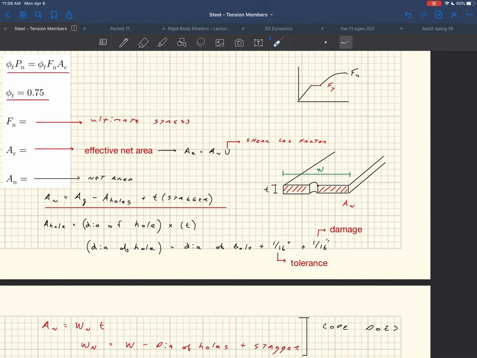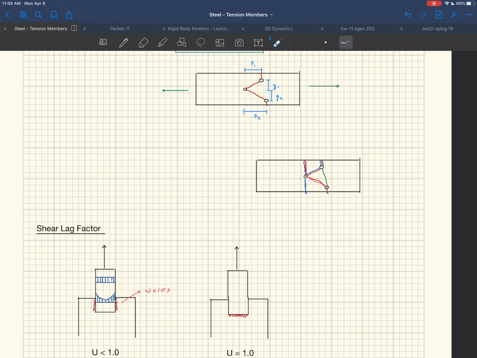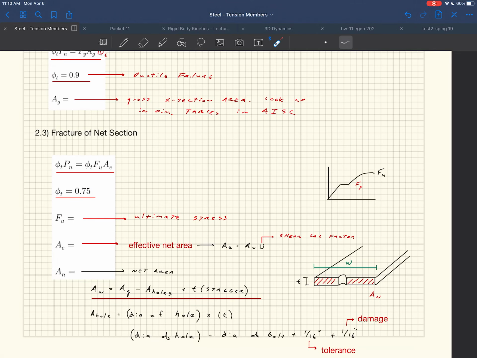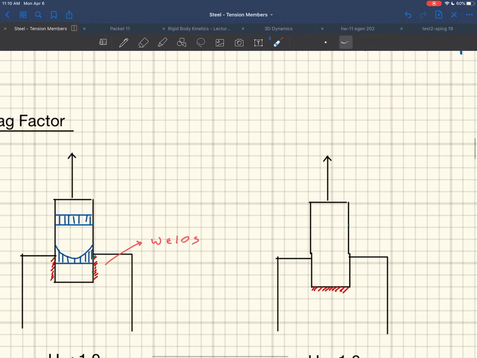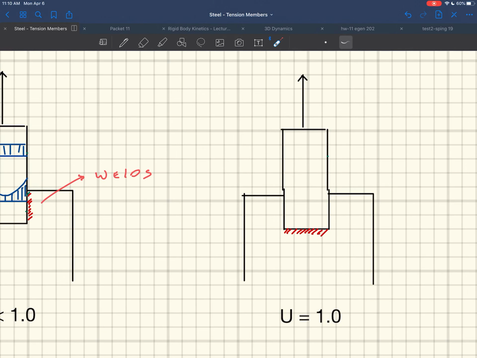You get penalized a little bit because you're not evenly distributing the load. It's to account for the fact that this out here is going to hit Fu before it's uniformly distributed. That equation assumes uniform stress across the whole length, but really that's not the case when you have an eccentric connection. In those cases, your U ends up being less than 1.